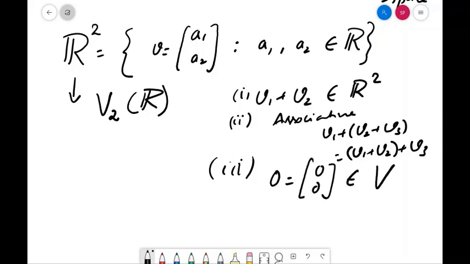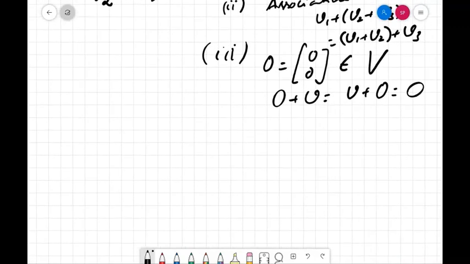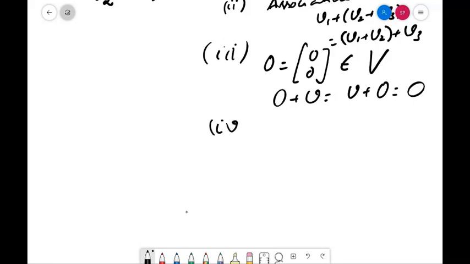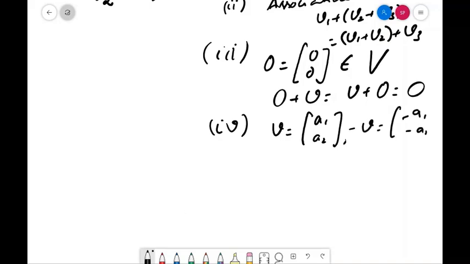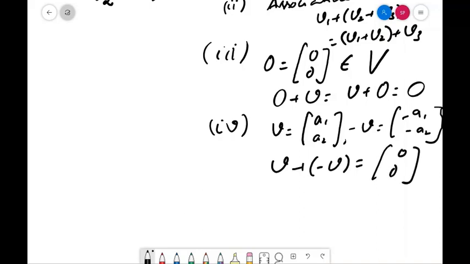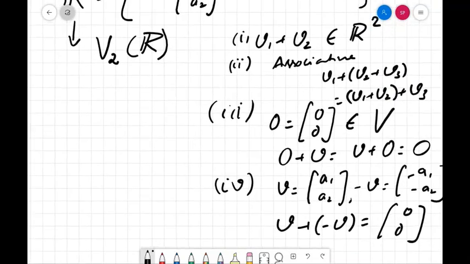So it will be there in V, and you can say 0 plus V is always V plus 0 is equal to V. And the fourth one, if I take V is equal to a1, a2, then minus V will be minus a1, minus a2, then V plus minus V will be 0, 0. So for each V, there will be minus V in this vector space R2.